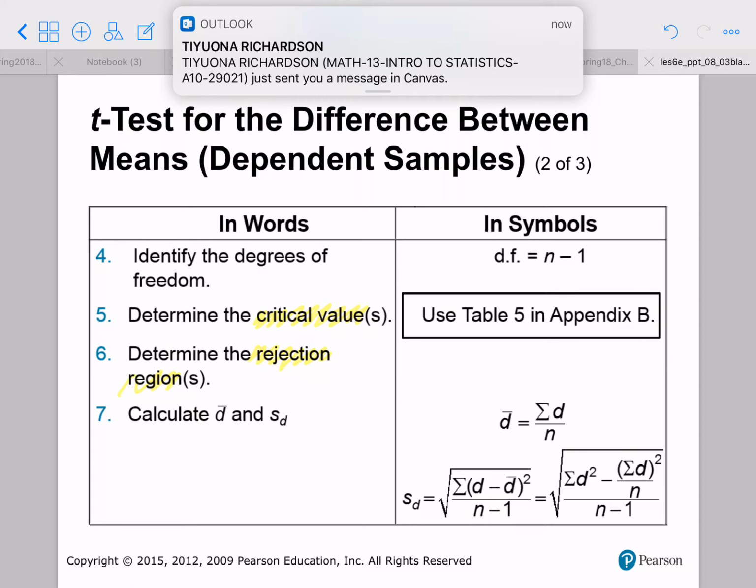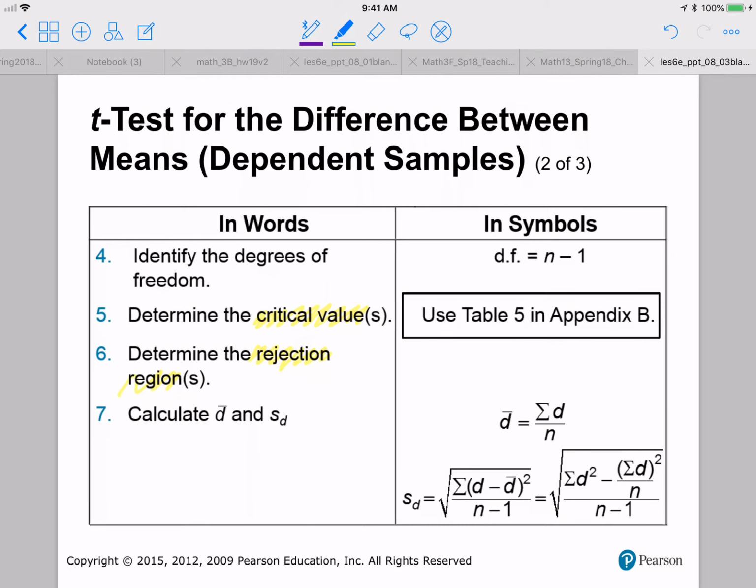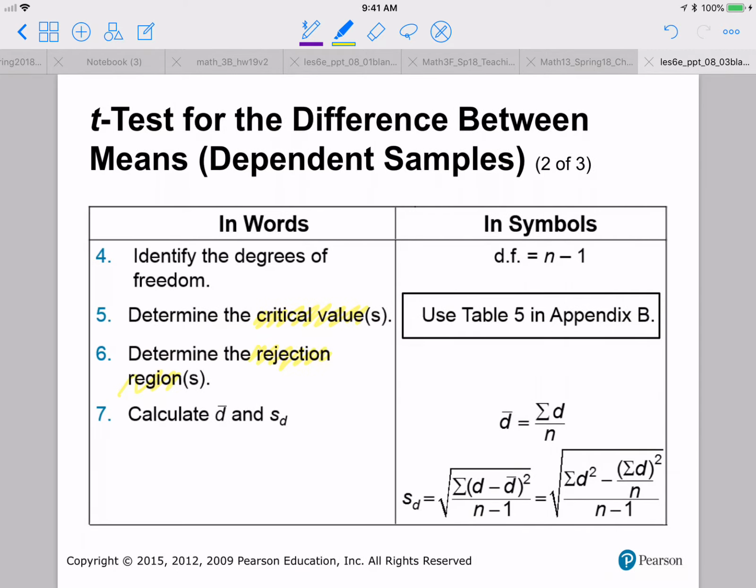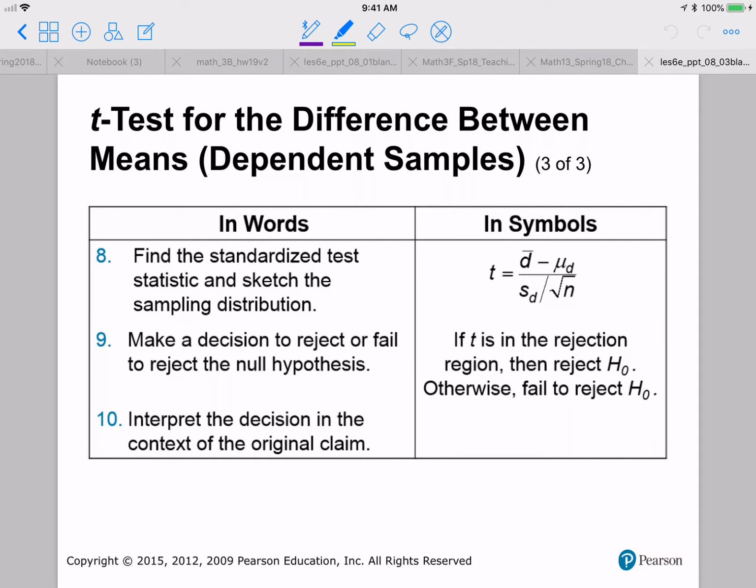So the rejection region is going to be based on the type of test you're performing, along with the critical values. And then lastly, you calculate your standardized test statistic, right? Find your standardized test statistic and see if it's in the rejection region or not. Of course, we can also perform this middle part here using p-values instead of using critical values and rejection regions.